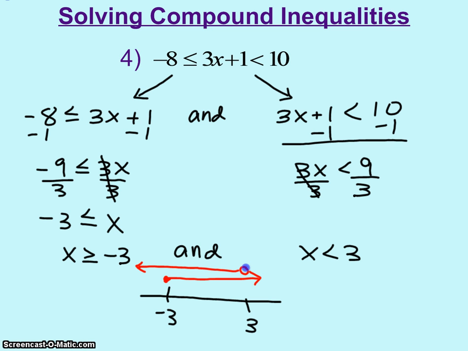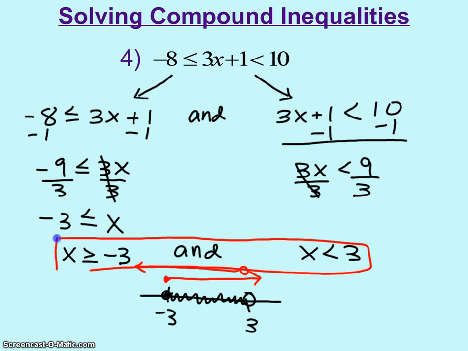And when you are looking at and, you are looking at where do they overlap. And they overlap right here in the middle. So I have an open dot on 3, a solid dot on negative 3, and the squiggly part is the overlap there. What I would expect to see on your answer blank would be these pieces here. What I would expect to see on your number line then would be this number line here.